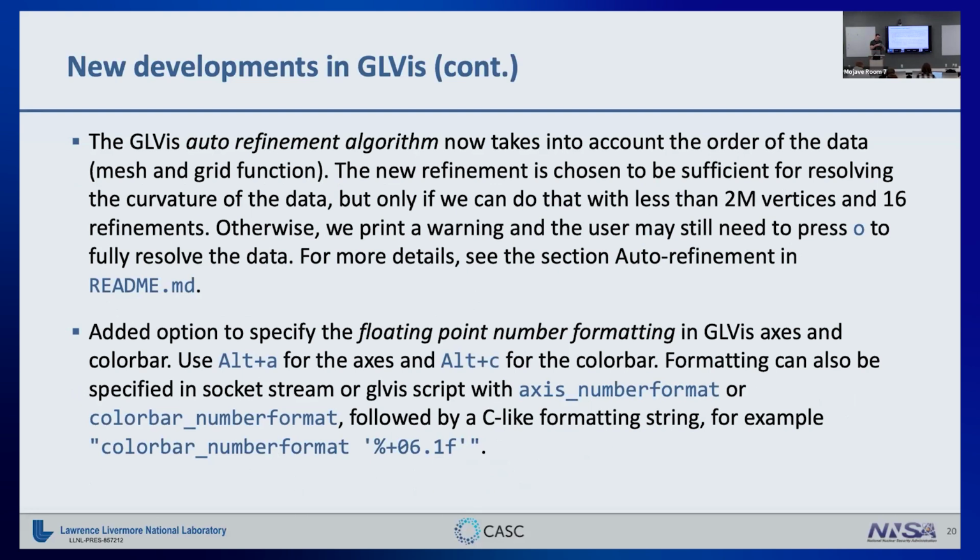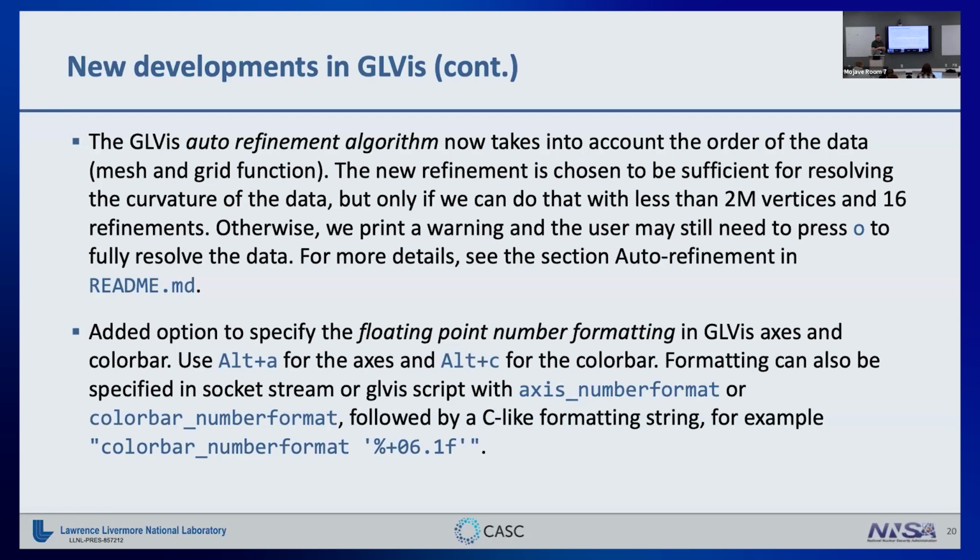But as you start drawing more and more refined meshes, you may see that your curvature disappears. And that's because GeoVis decides that, well, this is a fine mesh, so to speed things up, you're not going to sub-refine it. You see it like a linear mesh and you wonder, well, what's happening? Where is my curvature?